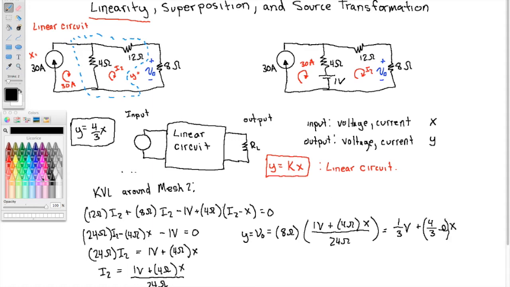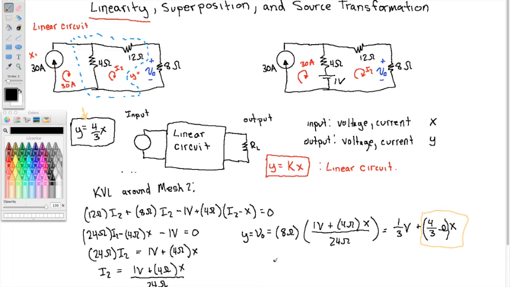So this second part looks familiar, right? This is what we got up here. But notice here, the 1 volt that we carried through, now there's this term, 1/3 volts. So take a look at that equation.